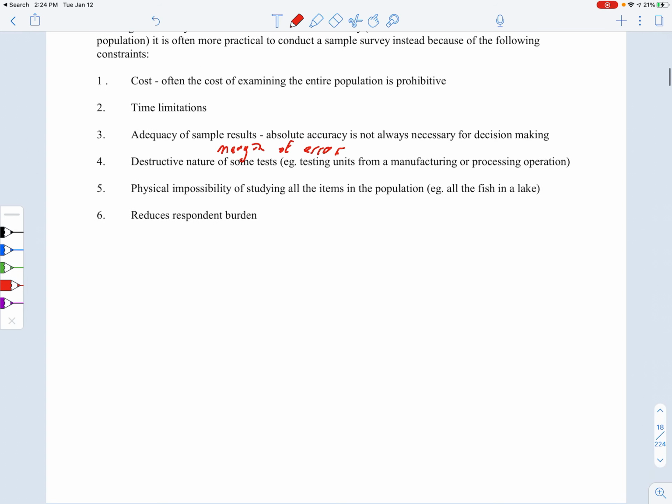Number 4 is the destructive nature of some tests. And so, for instance, think of a manufacturing process, and you're doing quality control. Let's say we are producing springs, and so we want to make sure that a spring will hold a certain weight. And so what we do is we test the spring until it breaks to find out what its breaking strength is.